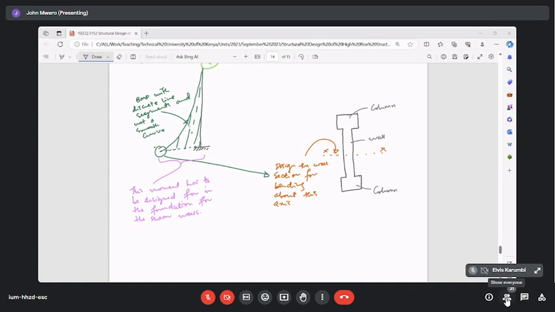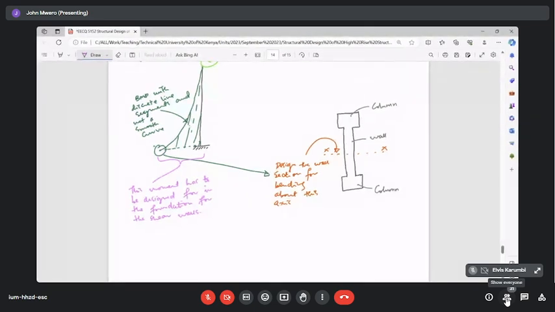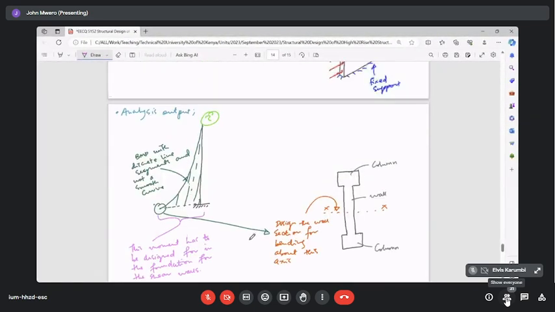This you were taught in your foundation engineering, and we will mention a little bit of it later on, probably in the next class, because I will talk about columns and how we support them at the foundation in that class. Now that we have said absolutely we have to fix the support of the shear wall at the foundation level. If we do not fix the support of the shear wall at the foundation level, then we do not have a shear wall.